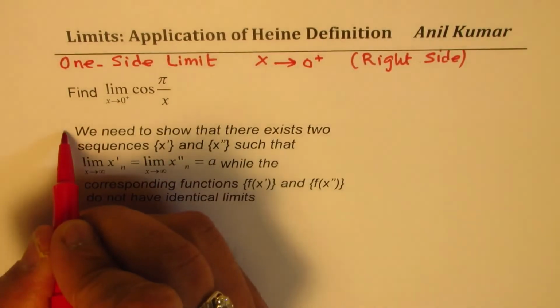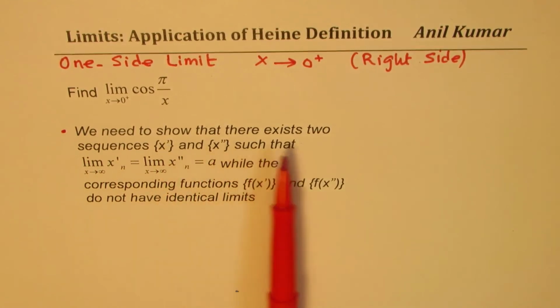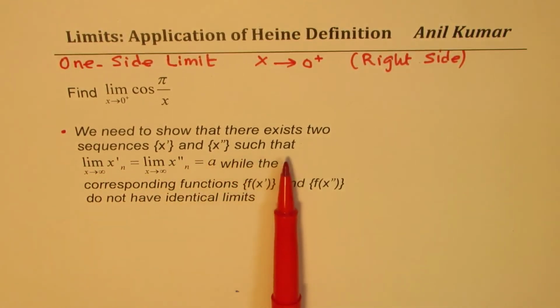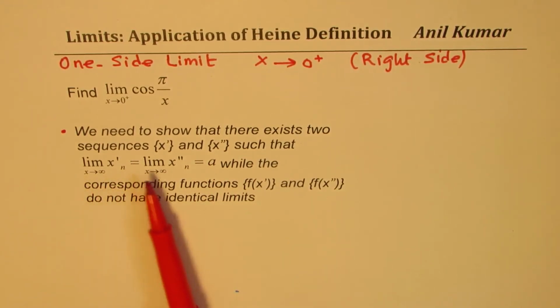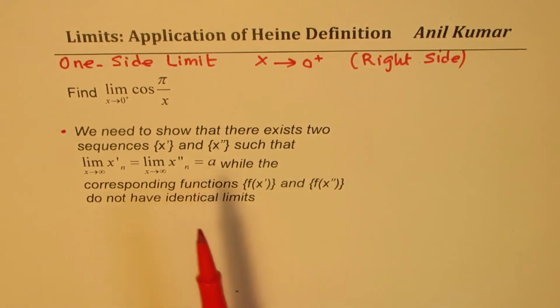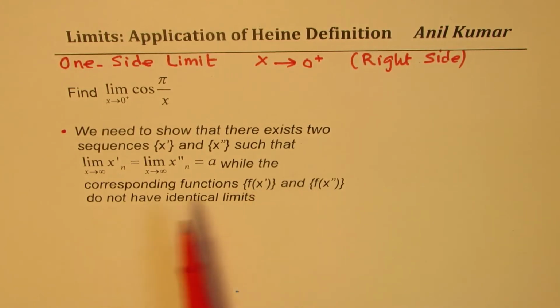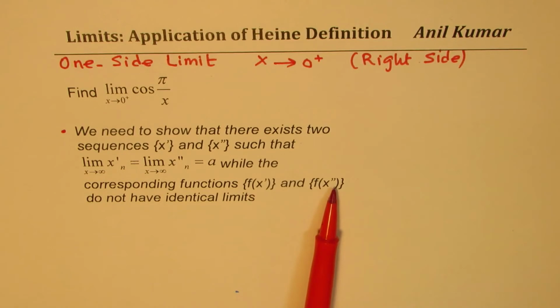So that is the concept which we are going to use to solve this particular question. So we need to show that there exist two sequences, x prime and x double prime, such that the limit of x prime as x approaches infinity equals the limit of x double prime as x approaches infinity, which is a, while the corresponding functions f of x prime and f of x double prime do not have identical limits.